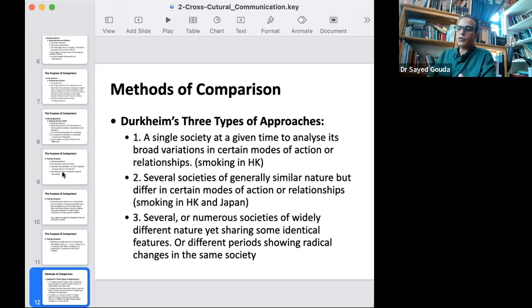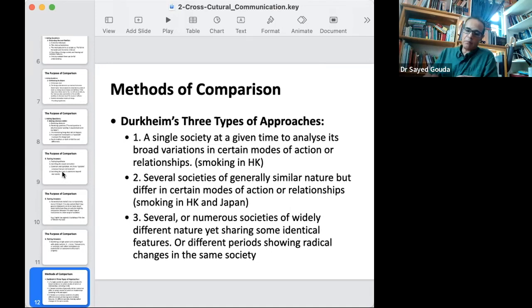The second approach, we compare several societies of generally similar nature, but which differ in certain modes, like smoking in Hong Kong and Japan, or Shanghai and Japan, or Shanghai and Hong Kong.